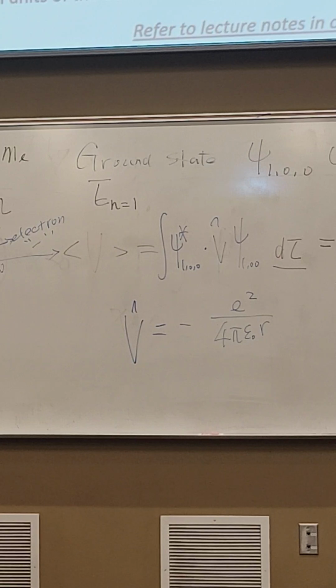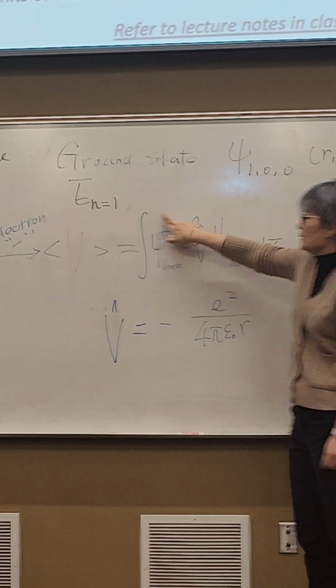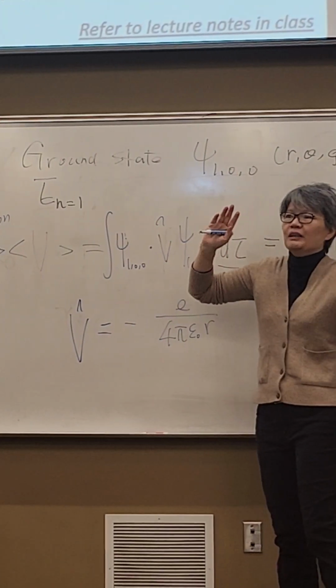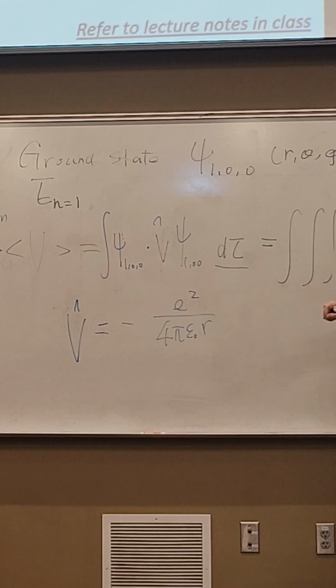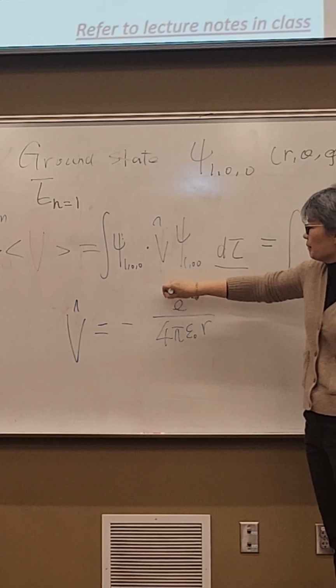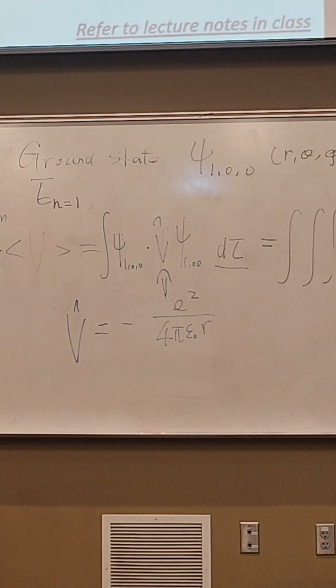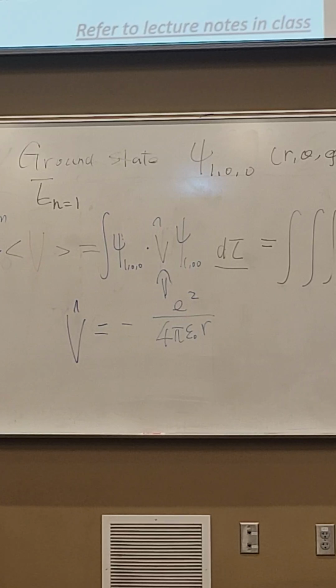Okay, all right. Now what do we need to do, guys? It's a real function, so it's the same. And then this is our operator. You just need to plug it into it. What kind of operation is that? It's a multiplication. If it's a multiplication, I can do A times B times C in whatever order I would like to.